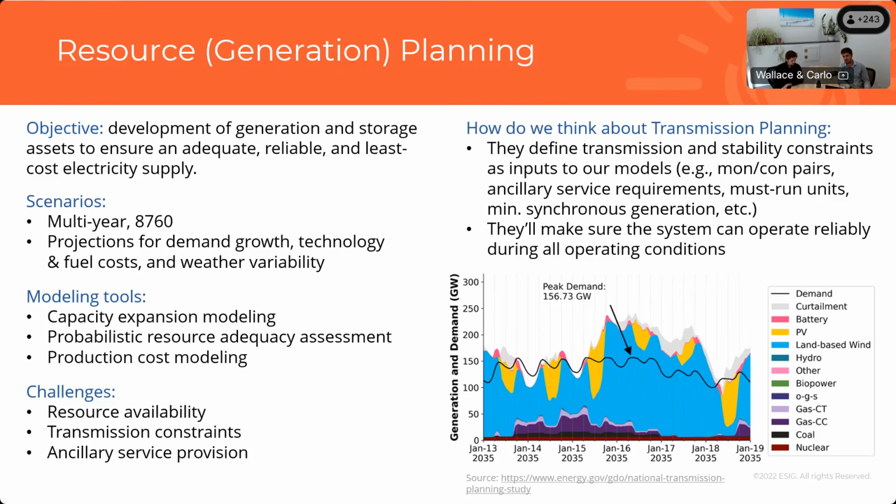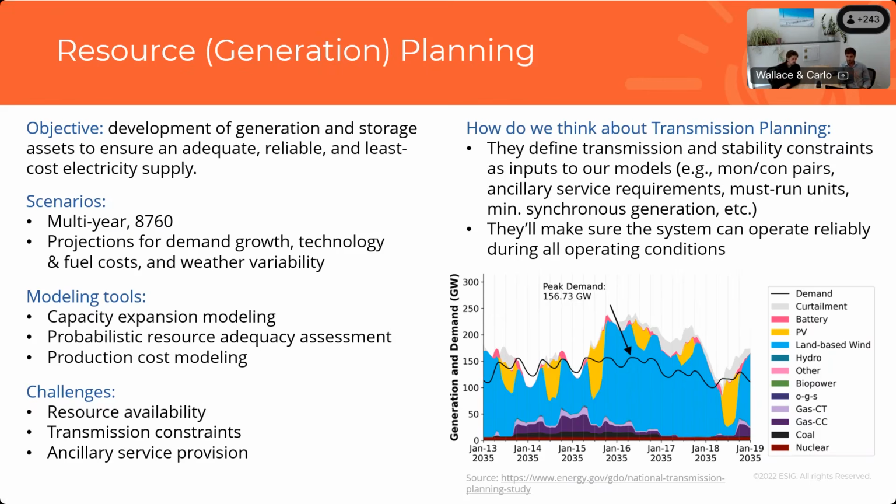Must run units, so generation units that must be online, or minimum generation levels that I need in a specific part of the system, either any generation or specifically minimum synchronous generation in the system or a specific region to ensure that the system can operate reliably.